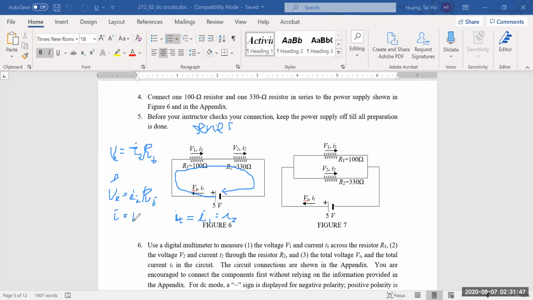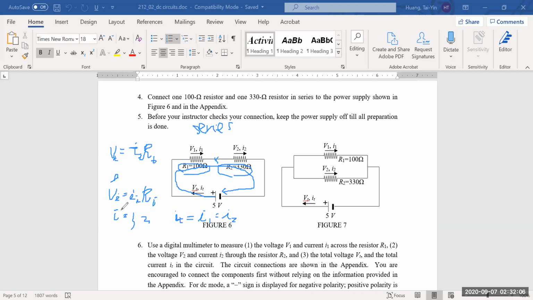So in other words, your R1 is 100, your R2 is 330, and you connect them in series. You can see that when they are in series, there's just one point that connects one to the other.